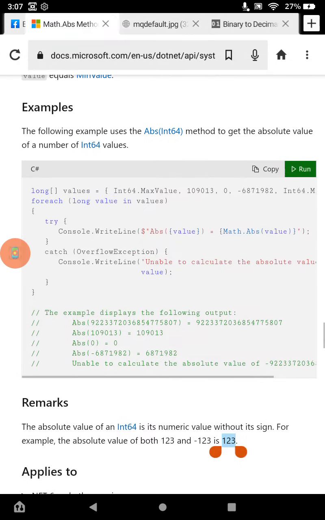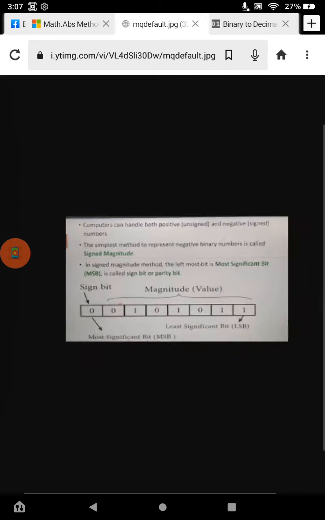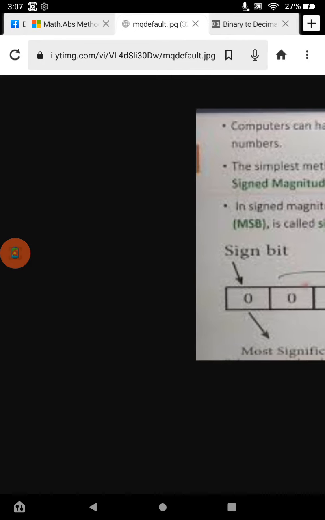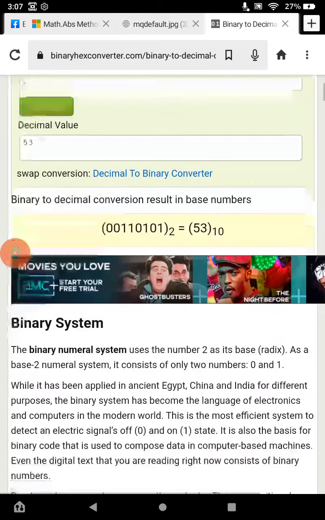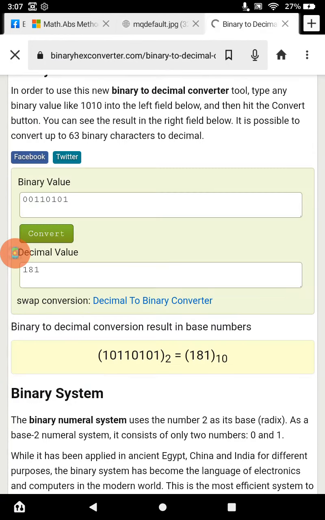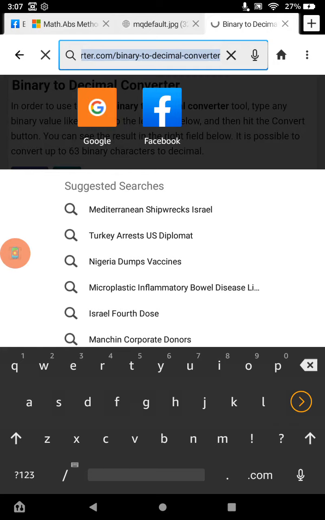Now, for instance, if this was set to, okay, let me convert decimal to binary. Instead of binary to decimal, I have to do decimal to binary. So let's just do this.